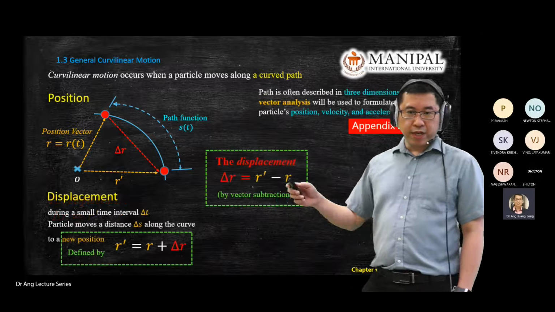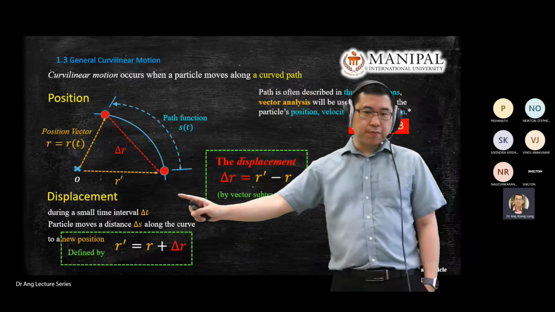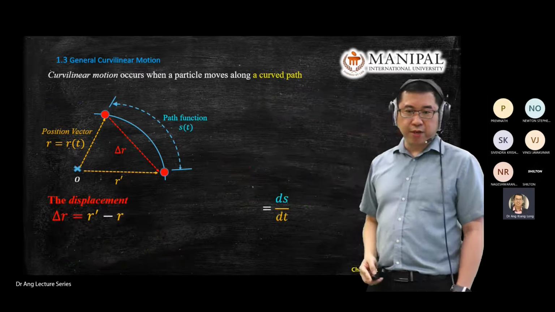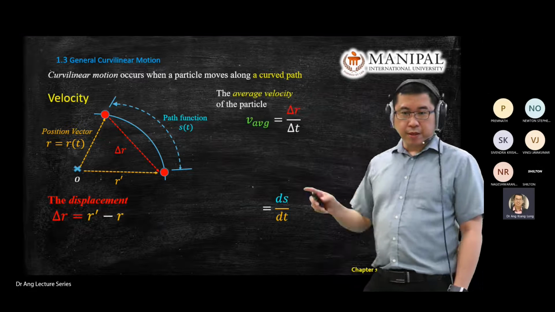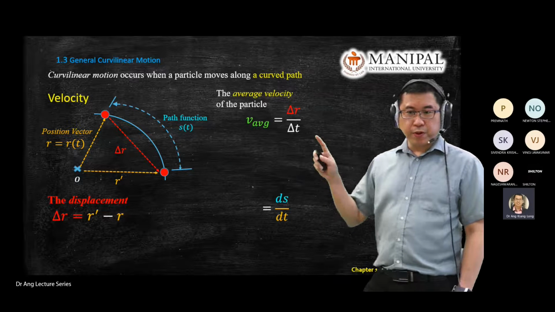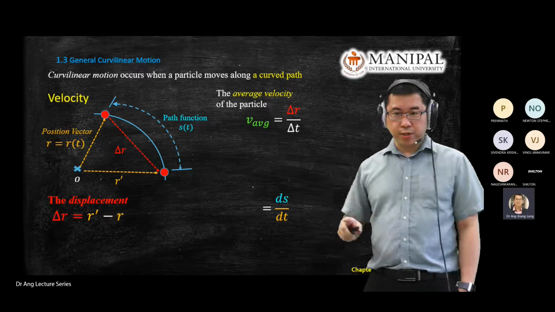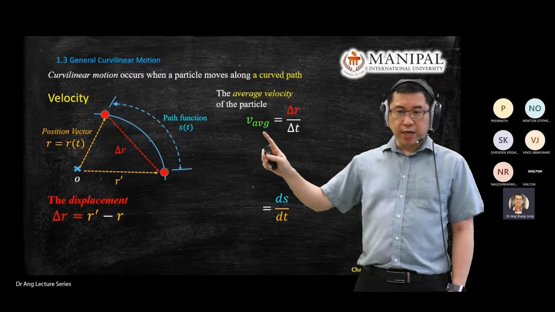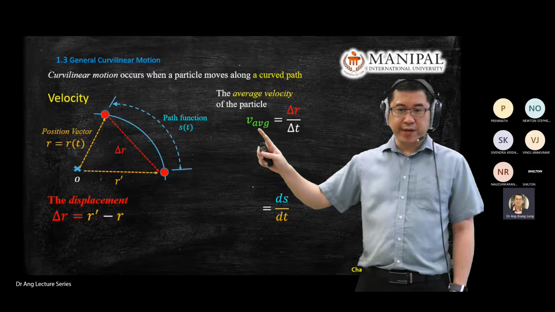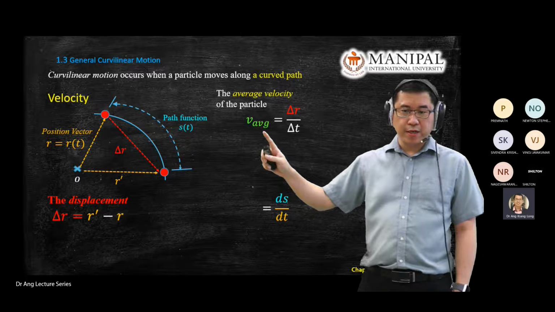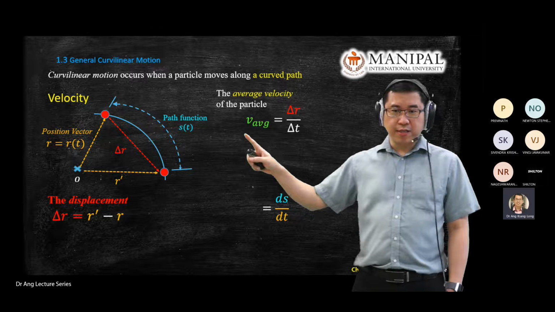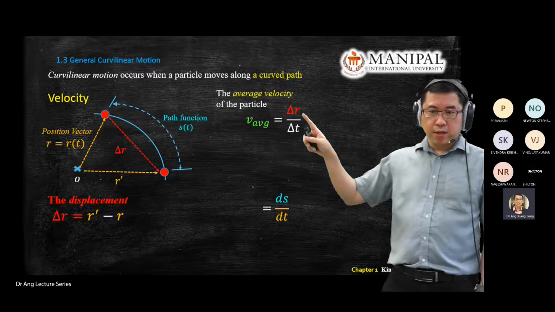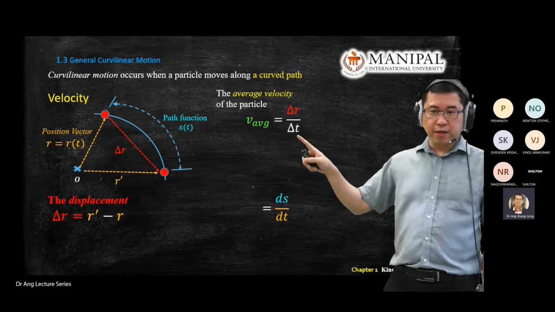So we have done with position and displacement. Now we use the information of position and displacement to find velocity. Previously, when we learned about linear motion, we had average velocity. V sub AVG means average velocity. If you're hardworking, you can write the whole word average here, right? But your lecturer is a bit lazy, so I write V sub AVG equals change of position divided by time.